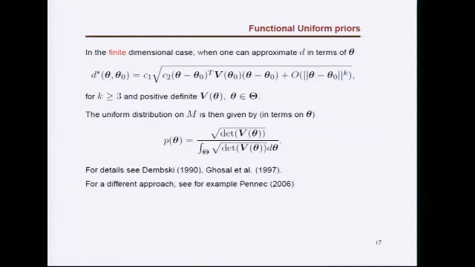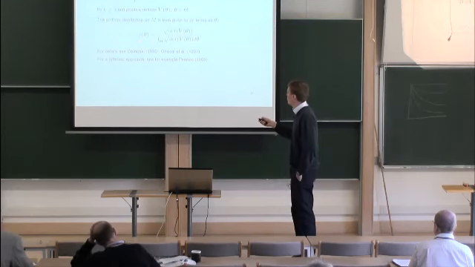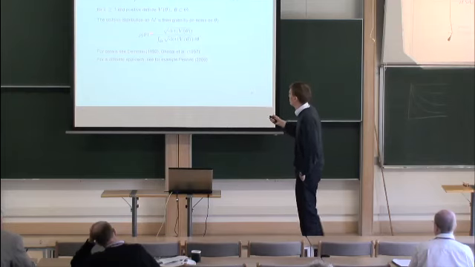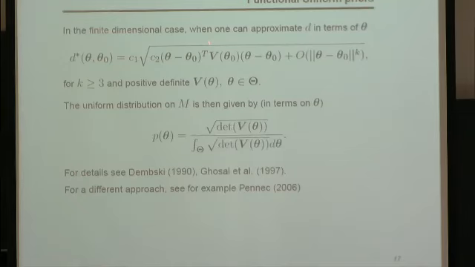If in the finite dimensional case you can approximate your metric by this locally Euclidean approximation, it can be shown that the uniform distribution in terms of theta is proportional just to the square root of the determinant of this matrix here, that's in this Euclidean distance that actually changes for each parameter theta 0.